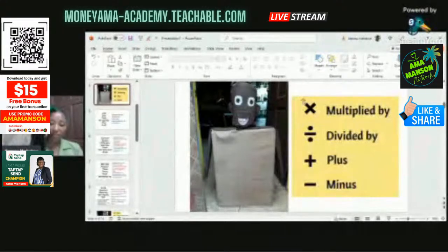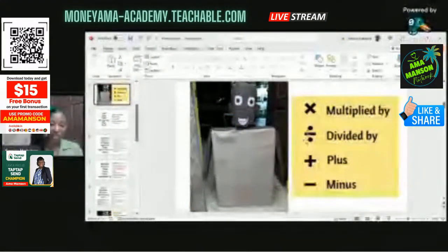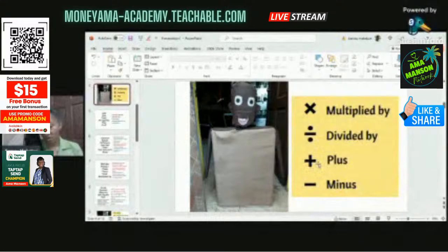So here we have the multiplication symbol, we have the division symbol, the addition or plus symbol, which looks like a cross, and the minus symbol, which is just a short horizontal line.